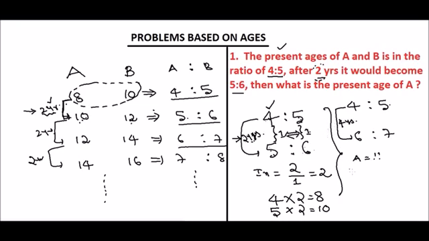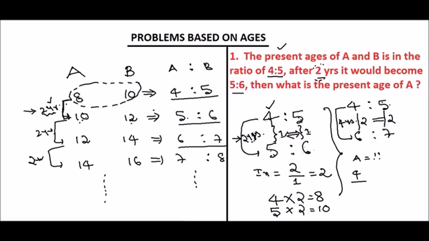Now, my first job is to find out the interval. Interval is nothing but the gap, 4, divided by the difference between the first term now and the first term after 4 years, and likewise for the second term. From 4 to 6, the gap is 2. 5 to 7, gap 2.